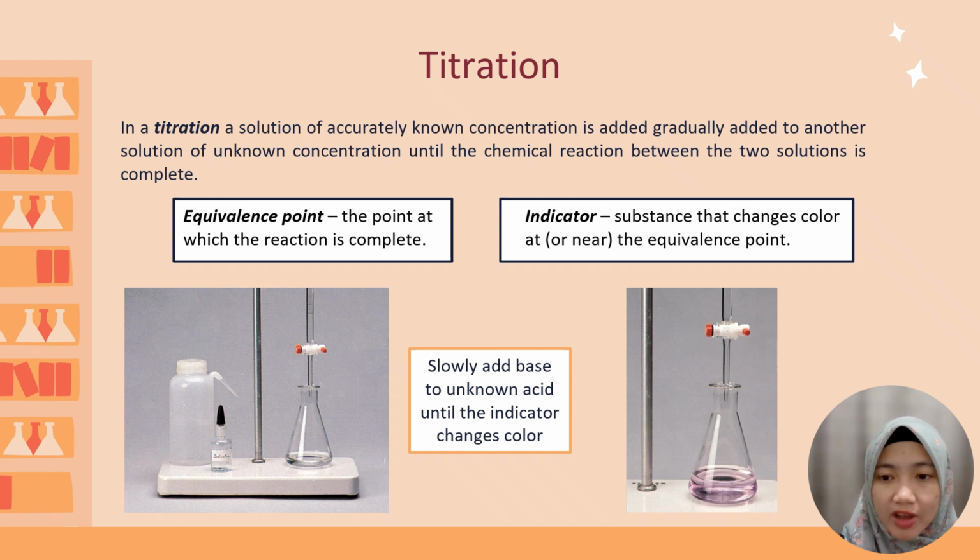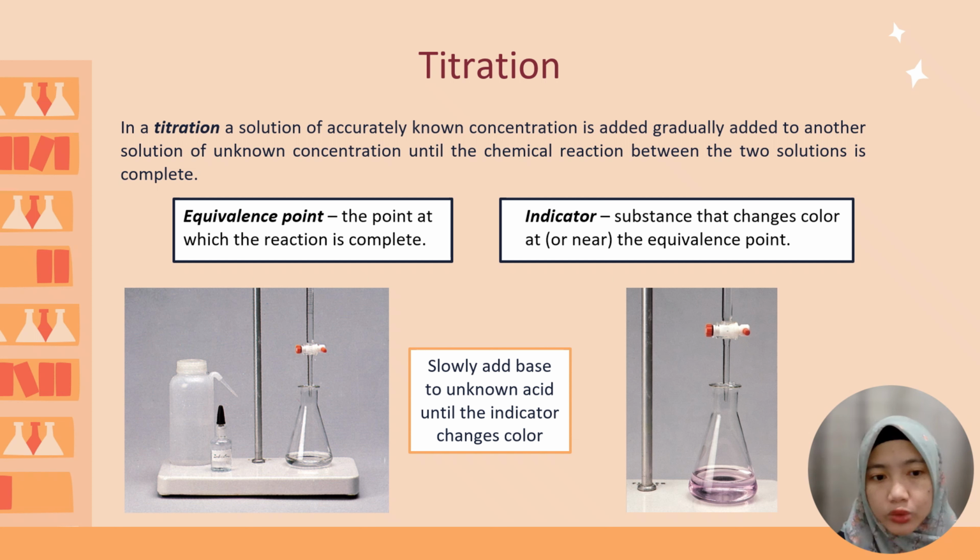Let's say we put 25 ml. And then before we start with the titration, we need to put an indicator inside the conical flask. What is an indicator? It is a substance that changes color at or near the equivalence point, which means when there is a color change, you need to stop doing the titration.